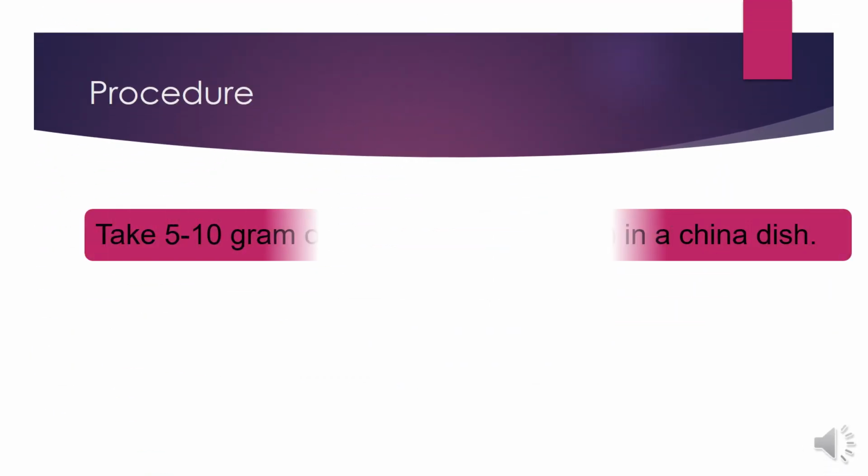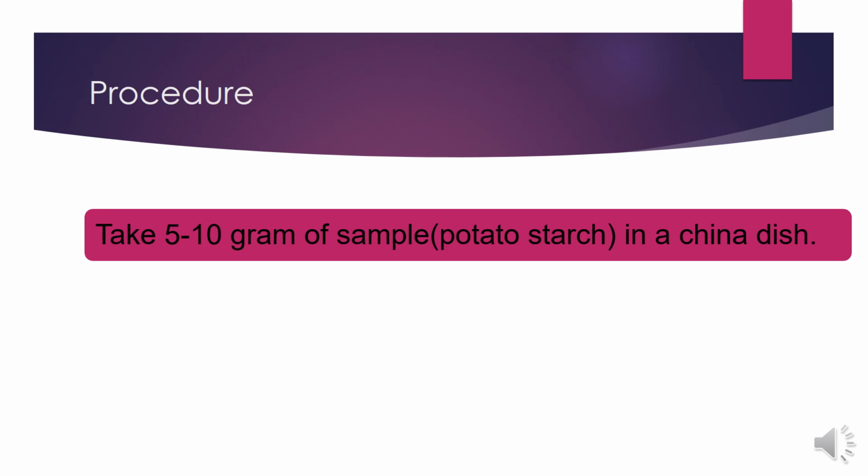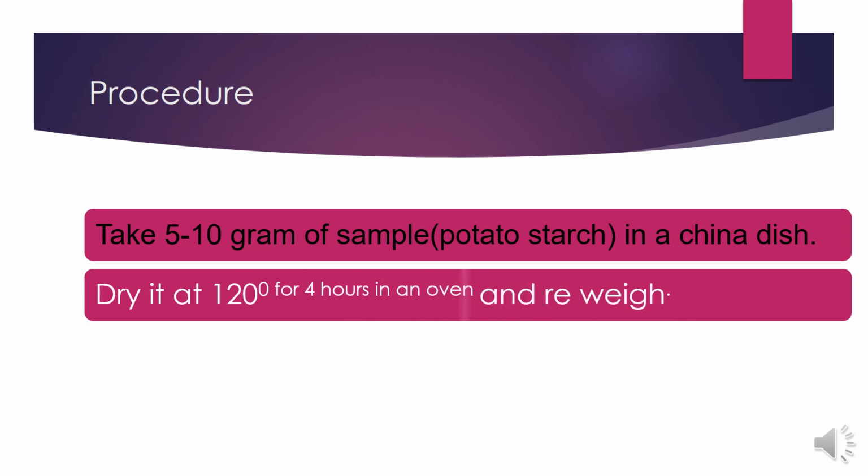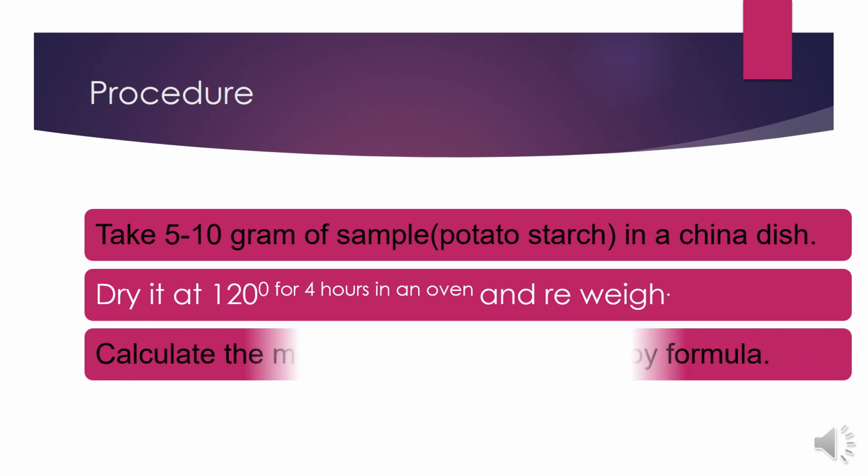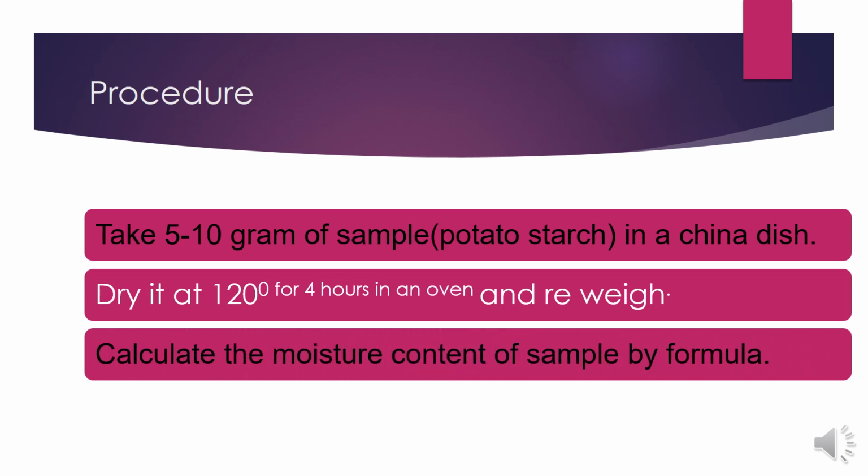The procedure says take 5 to 10 grams of sample in a china dish or any evaporating dish. Dry it at 120 degrees centigrade for 4 hours in an oven and reweigh. Then calculate the moisture content of the sample by formula.